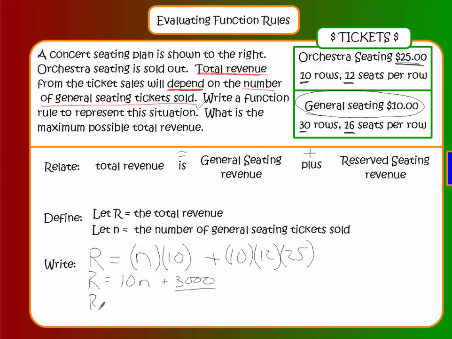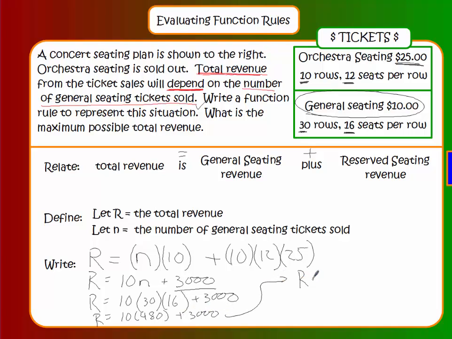So the revenue is going to be 10 times this 30 times 16 plus 3,000. And the 30 times 16 is going to be 480. So R equals 10 times 480 plus 3,000.